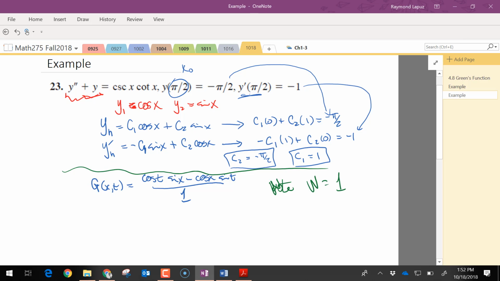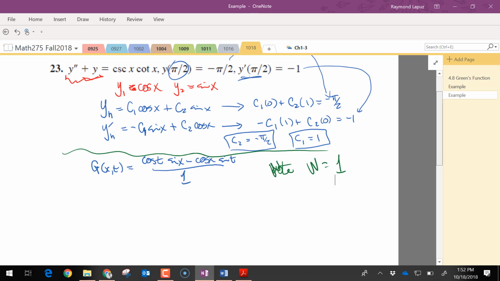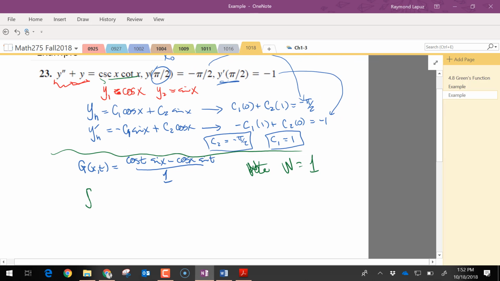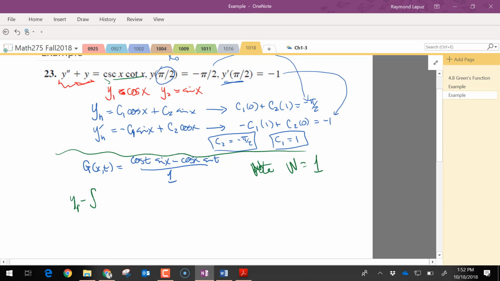So I have my Green's function, and I want to multiply the Green's function by the f of t. It looks like it's a combination of cosecant and cotangent. So we have y sub p is going to be the integral from pi over 2 to x of cosine t sine x minus cosine x sine t times our f function.